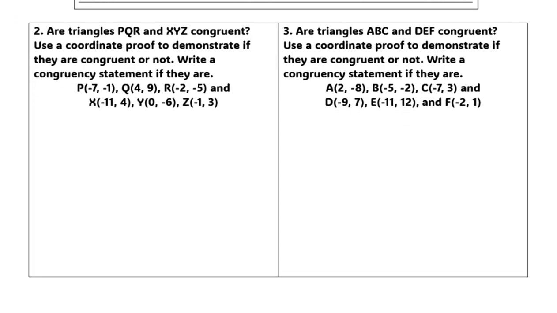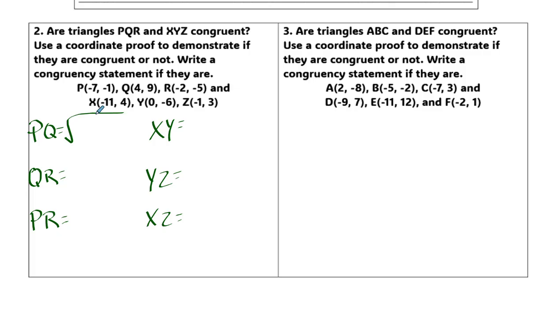All right, looking at example 2, kind of the same example, PQR and XYZ, we want to show if these are congruent. So I'm going to do PQ, QR, and PR, and then XY, YZ, and XZ. PQ, from P to Q, that's 11 squared plus 10 squared.